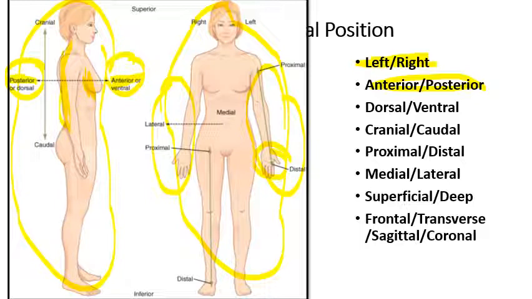When you're describing body parts of a person, we describe the position of the body parts assuming that the person we're talking about is in anatomical position. So notice that this woman on the right has her hands with the palms facing us and the thumb pointing outward.